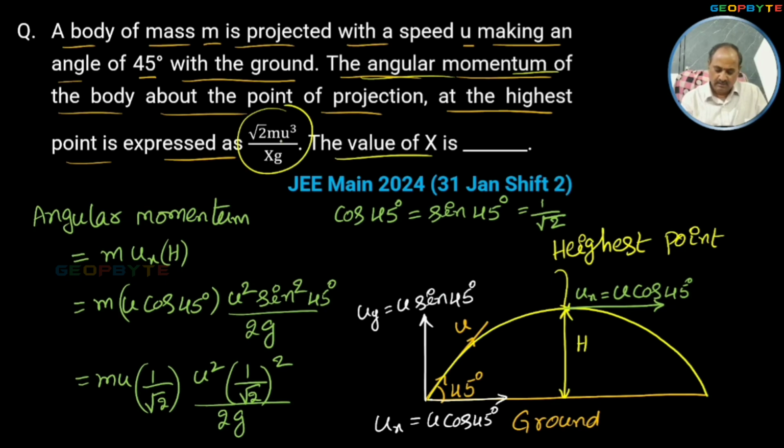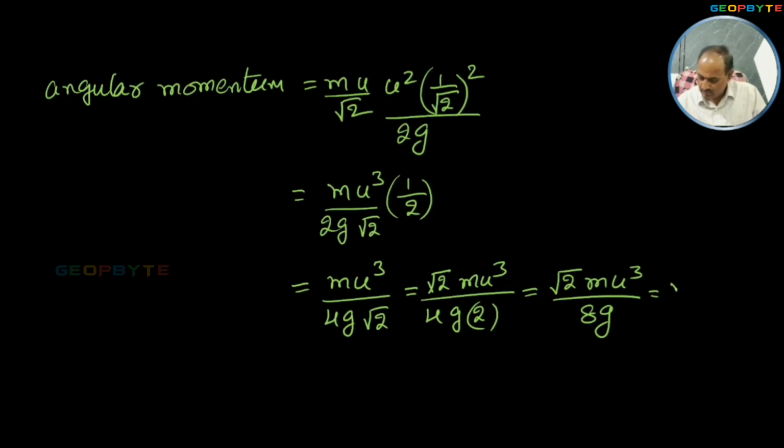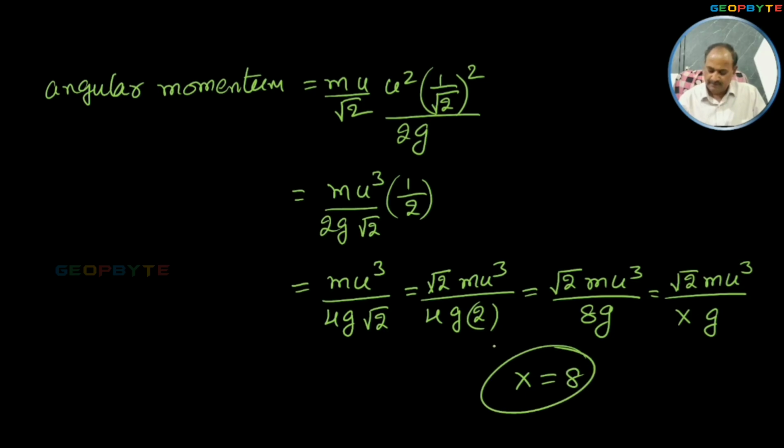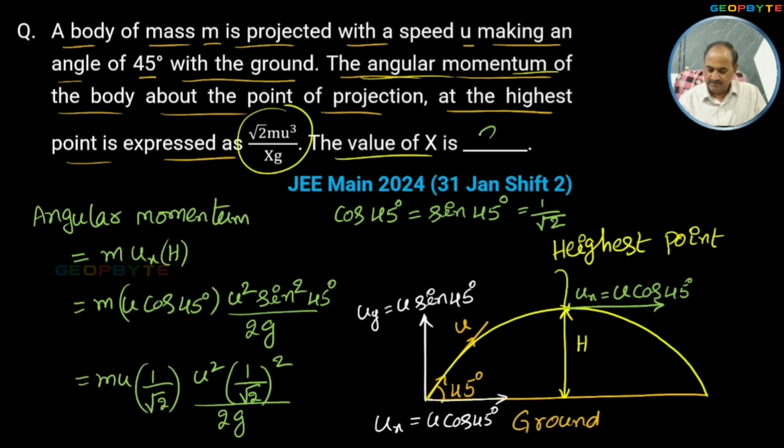It is given as root 2 m u cube by x g. Therefore, x equals how much? 8. The answer is 8. X value is 8. Understood clearly?